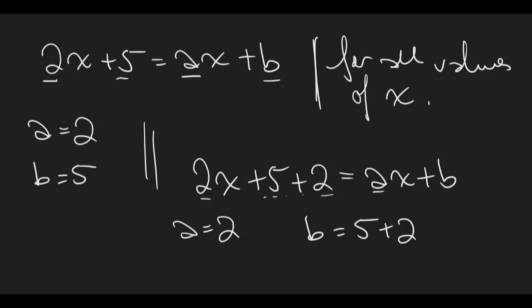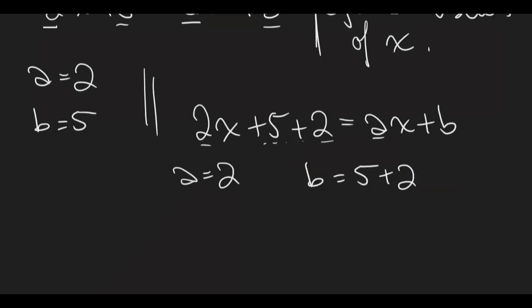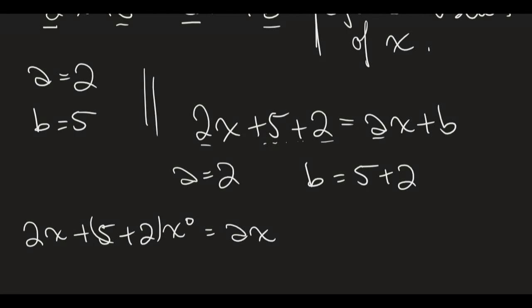So another way of writing that would be 2x plus 5 plus 2 times x to the 0 is equal to ax plus b times x to the 0. And then we can equate the coefficients. That's just a subtler point, but we know that the constant terms are equal as well.